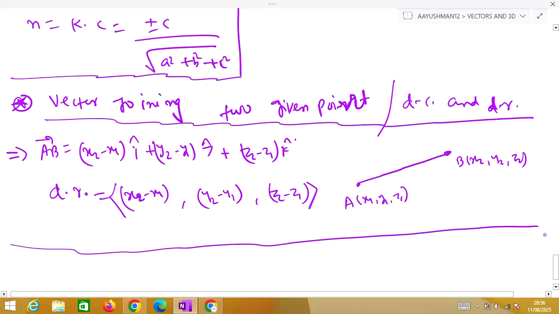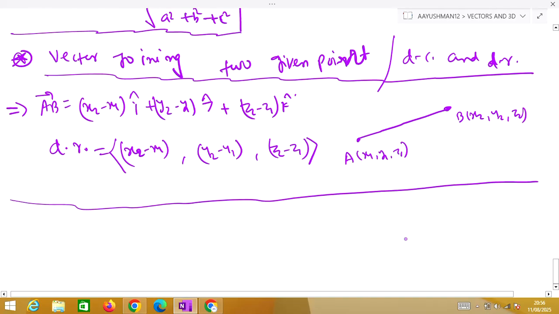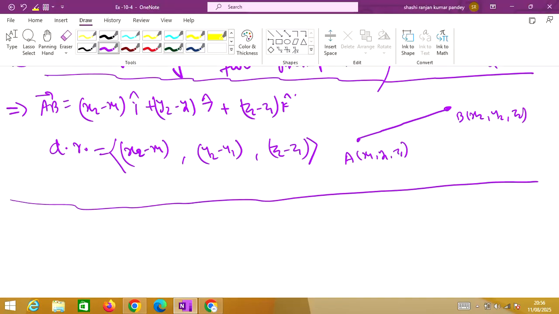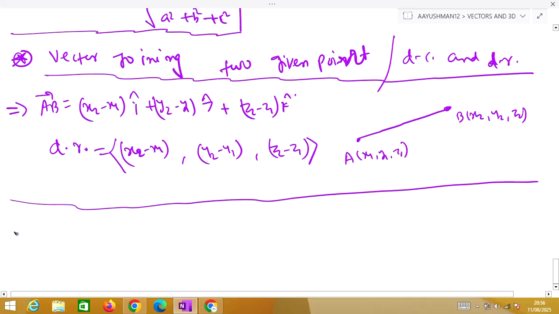Next we have the equation of line. So now see, now what we have is the equation of line in 3D.